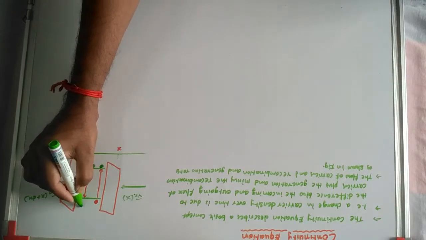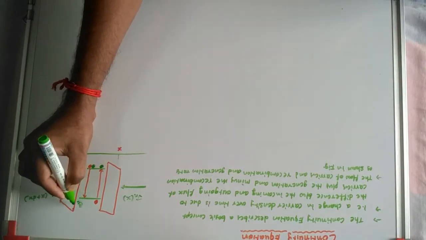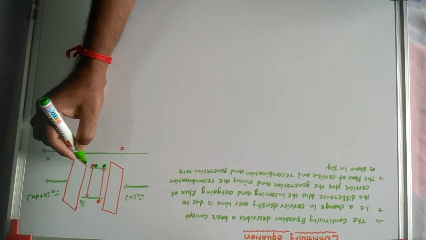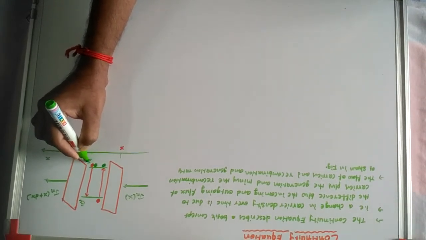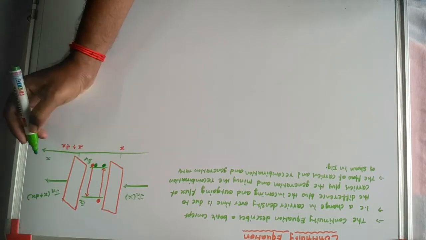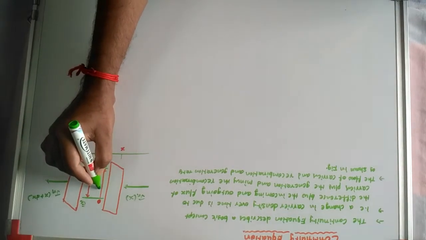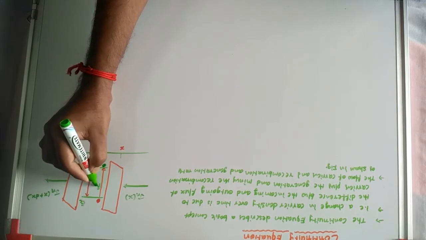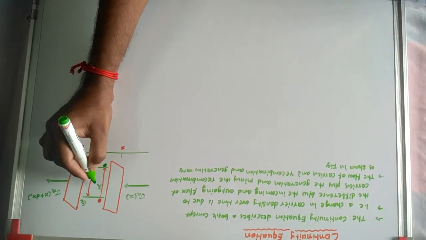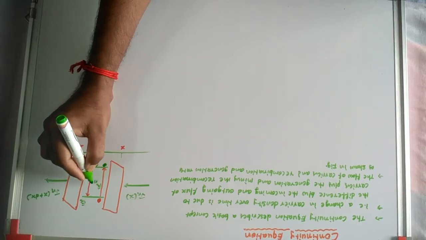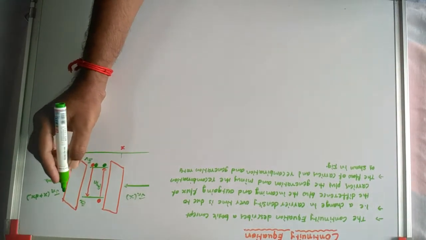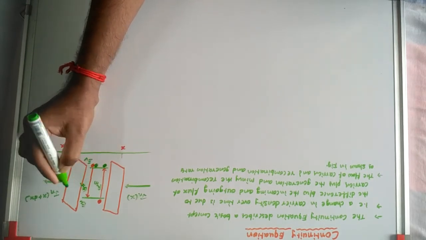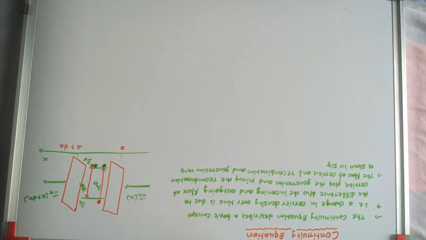This is EC. This one is EV. This one is Rn. This one is Gn.